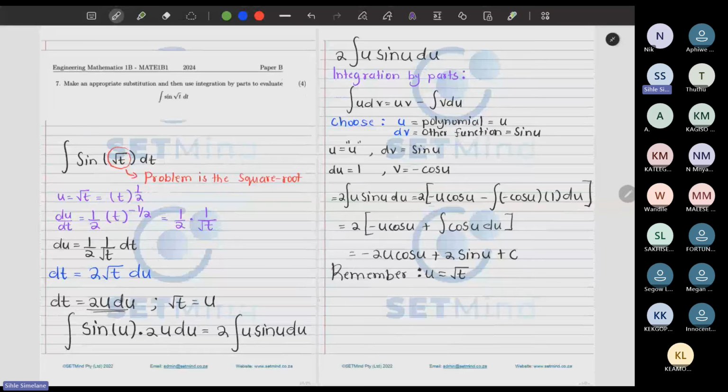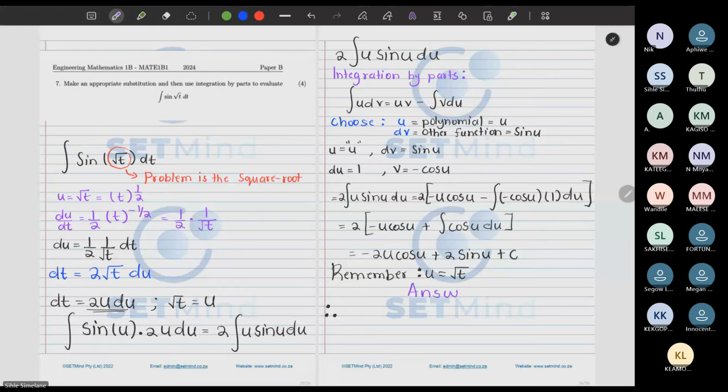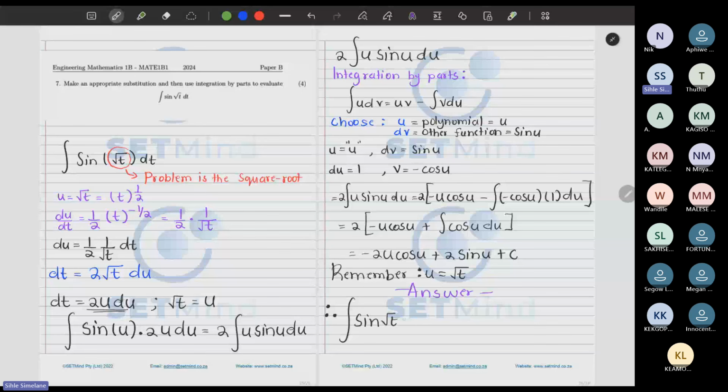So therefore, as our answer, what we get as the integral of sine of square root of t dt is equal to negative 2 square root of t, and then cos of square root of t, and then plus 2 sine of square root t, and then plus c.